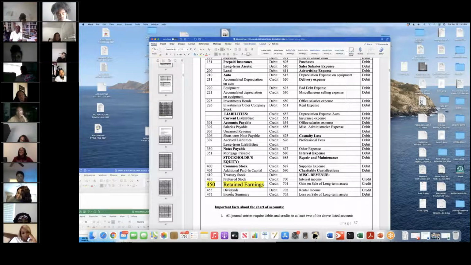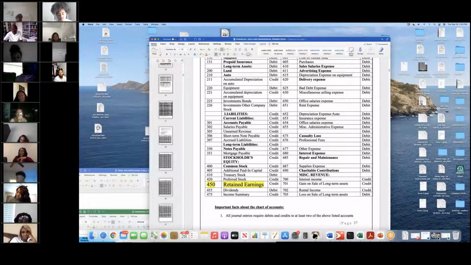Every account, 455 dividends all the way through 705 loss on the sale of long-term assets, are temporary retained earnings accounts. We have these accounts so we can prepare the financial statements.